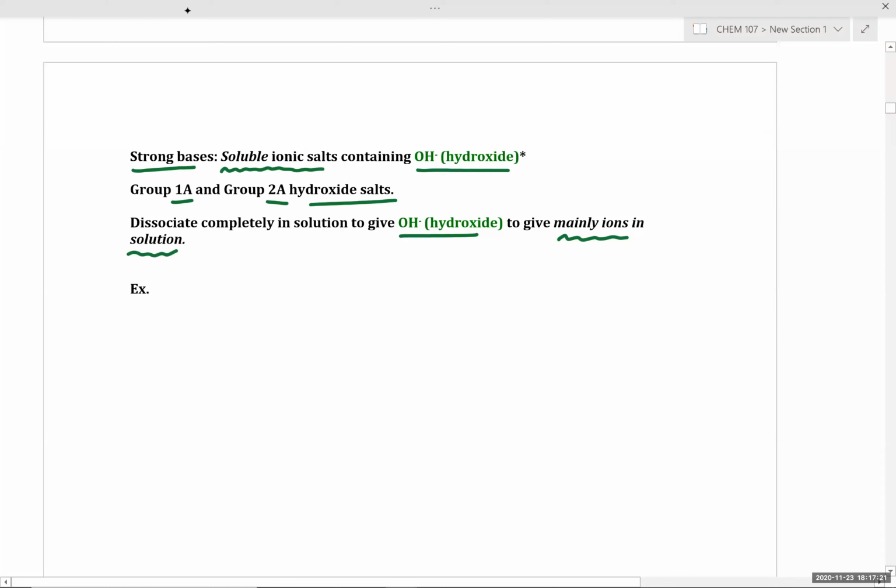So an example of this would be lithium hydroxide, which breaks down into lithium plus and OH minus. Would anyone like to propose another formula for a group 1A or group 2A hydroxide salt? Would anyone like to provide another formula for a soluble hydroxide salt?